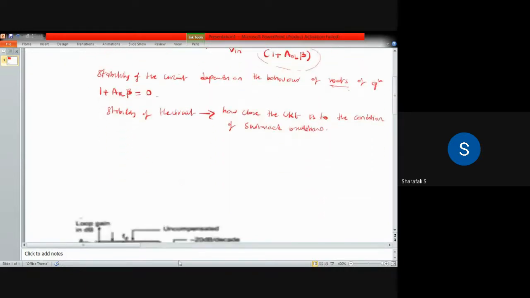So by means of that also we can define the stability. The system is said to be stable if the output reaches a fixed value within a finite time. Within a finite time, if the output is reaching a fixed value, then we can say the system is stable or the circuit is stable.